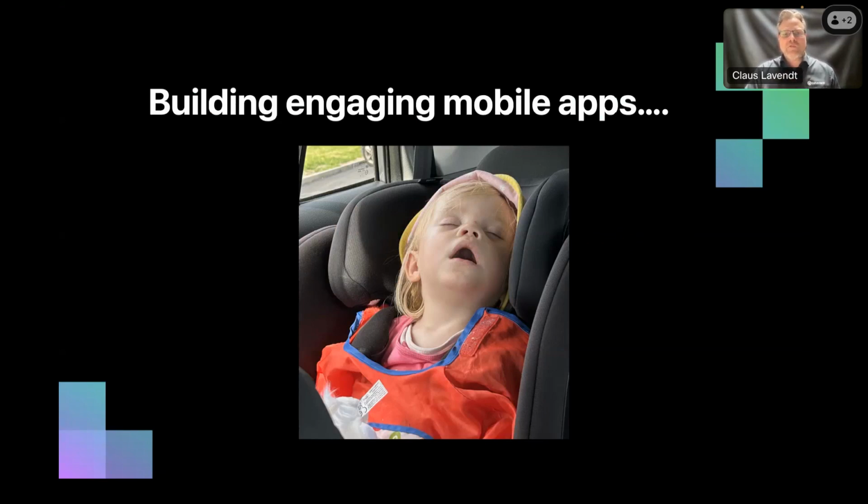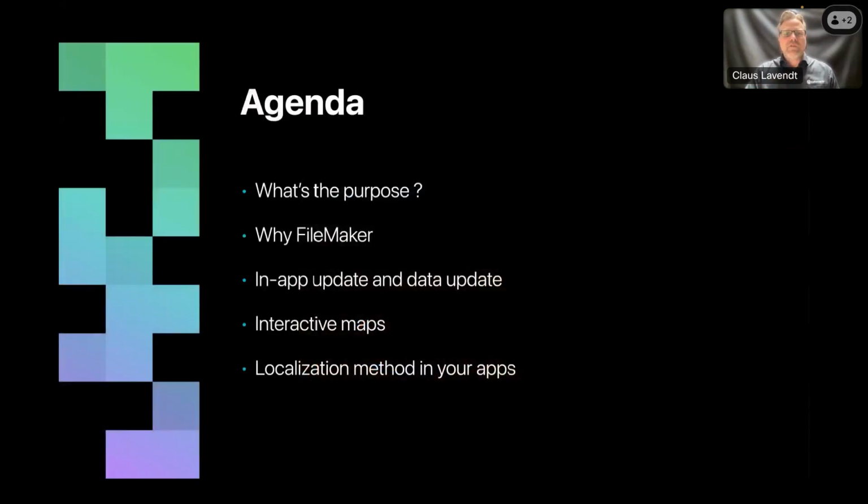So to start off, I would like to just touch on the purpose. And then I'm going to go into these 3 areas: the in-app update and data update, and the interactive maps, and then localization method that you can use in your own apps.